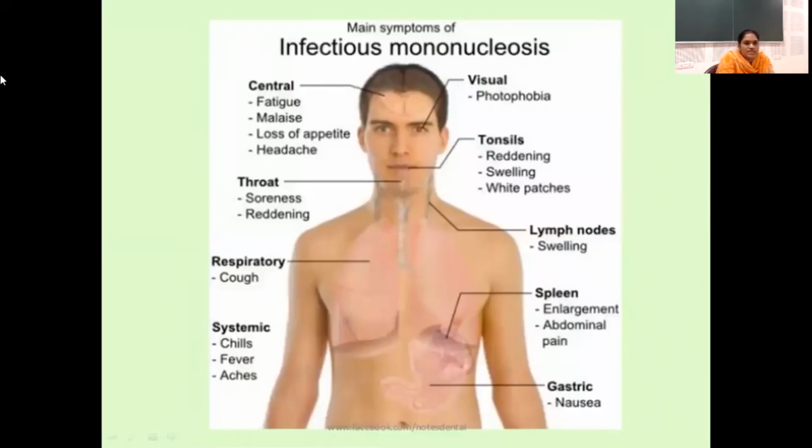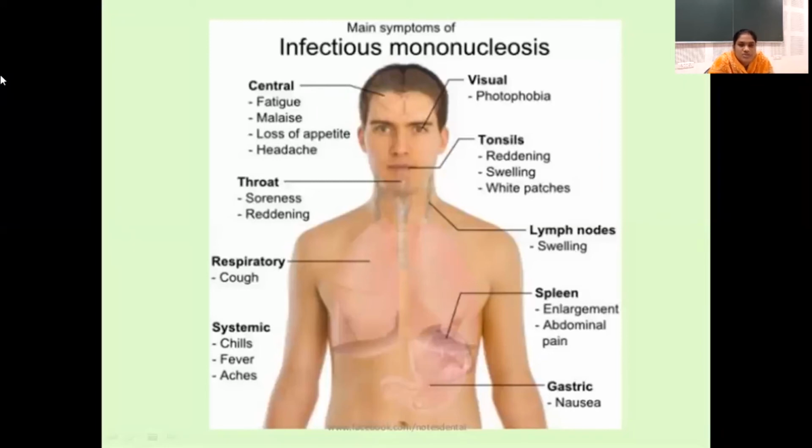So these are the main symptoms of infectious mononucleosis. Central nervous system involvement like fatigue, headache, throat soreness and redness, photophobia, tonsillitis, redness, white patches like oral leukoplakia. Respiratory cough can be present and systemic fever, chills and aches.